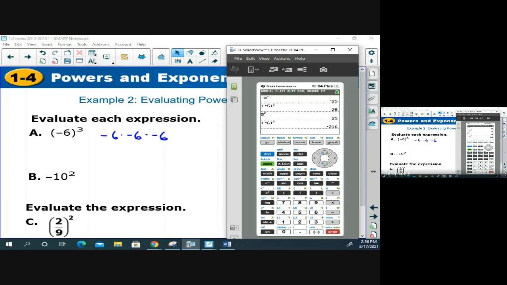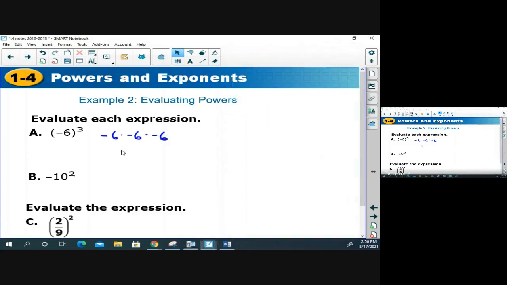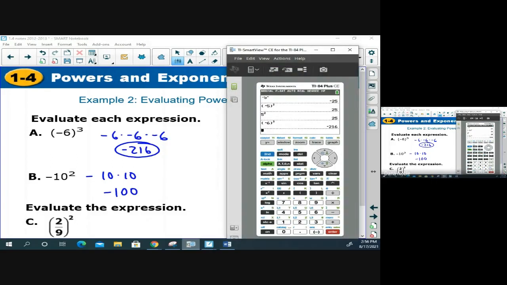The number is -216. B is -10 to the second. Remember, that's 10 times 10 with the negative out in front. 10 times 10 is 100 with the negative. If we go to the calculator, we type it in exactly like it looks. -10 caret to the second, -100. You can see the value that's coming out.